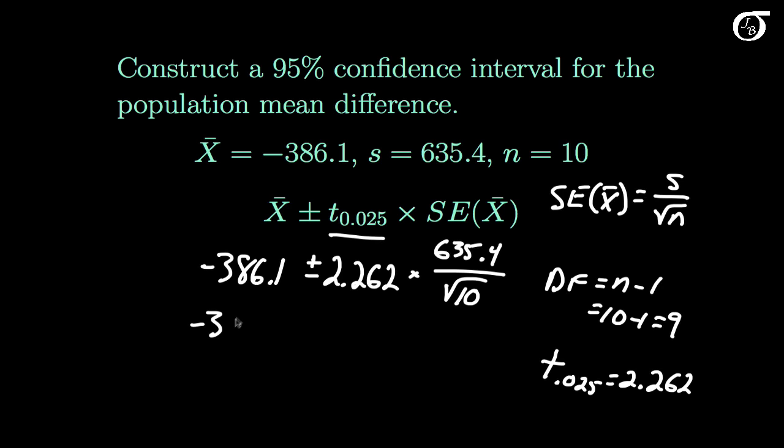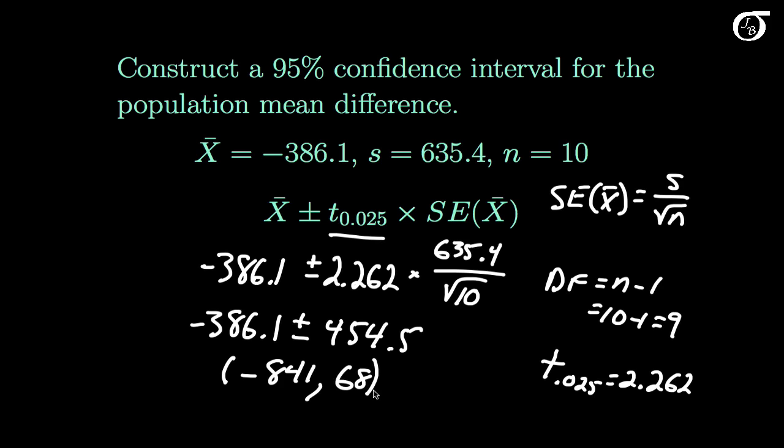And this works out to minus 386.1 plus and minus 454.5. And if we carry out the addition and subtraction, we'd see that that's minus 841 to 68. I'm doing a little rounding here, although you should carry many decimal places throughout your calculations.